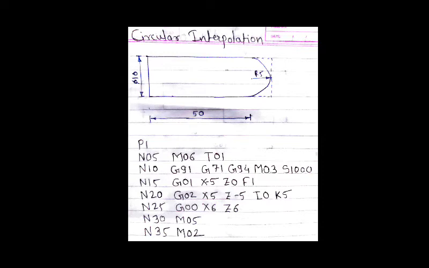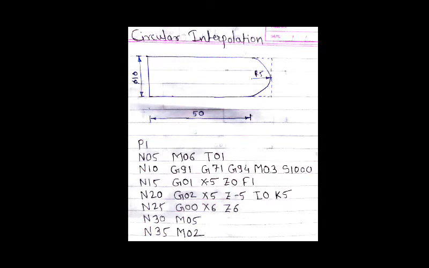Till now we were using G90, which was for the absolute positioning programming system, and here we are using G91 for the incremental programming system. Then G71 is for stock removal in the turning process.